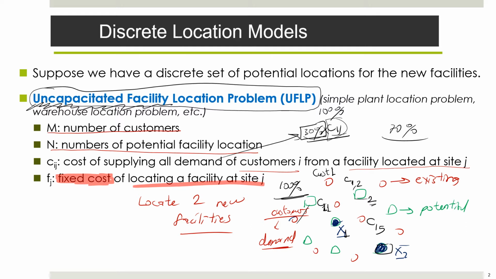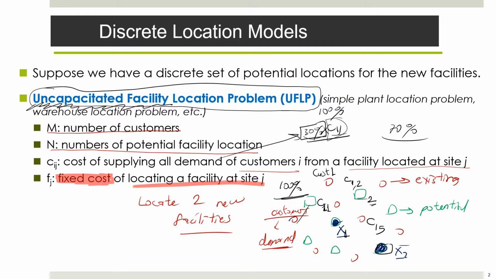So it is possible to satisfy all customer demand from a single facility. Therefore, it is called the uncapacitated facility location problem. Sometimes you will see these names also: simple plant location problem or warehouse location problem. They all refer to the same thing.